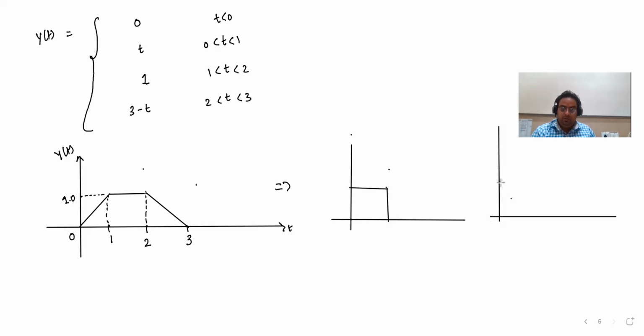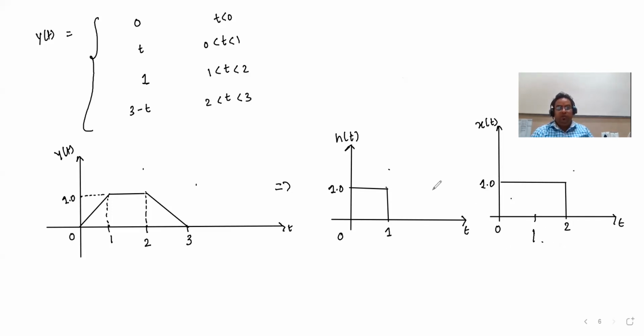This was our h of t, this was our x of t, varying from 0 to 1, and this was varying from 0 to 2. When we convolve both of them, y of t is obtained in this form.